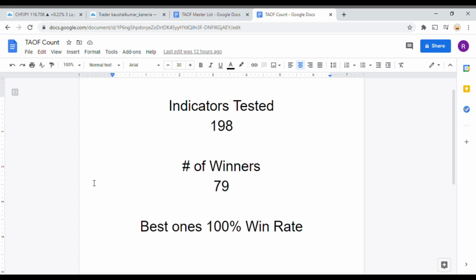The best ones so far were able to achieve a 100% win rate. Now you need to go back and watch those videos to understand the context of how they were able to achieve that. But as we are working on building the best trading system possible, you could take any one of those 79 indicators and get out there and start potentially profitably trading the markets with them now.